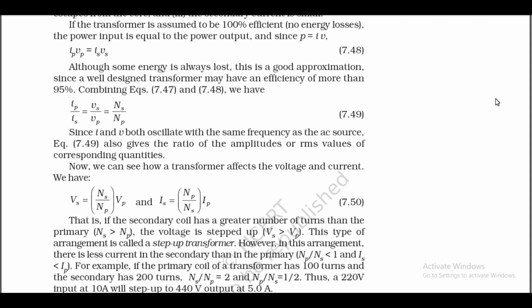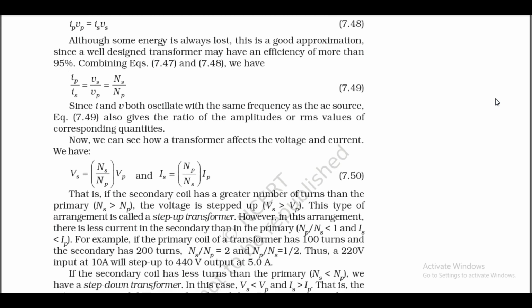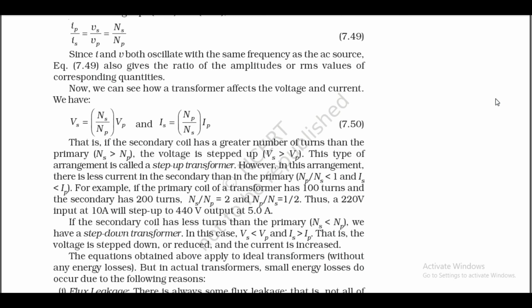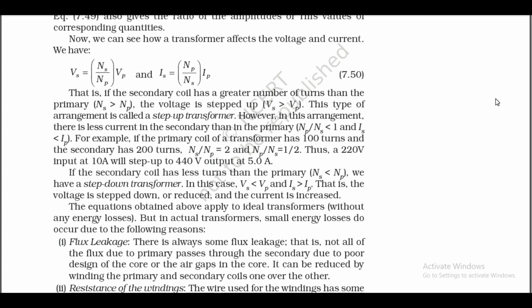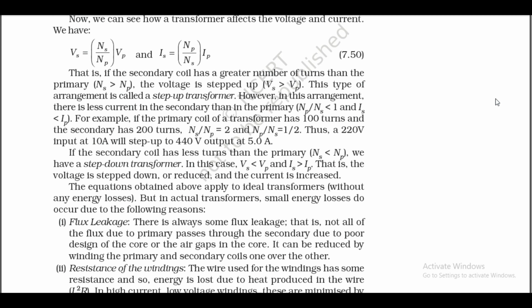Now we can see how a transformer affects the voltage and current. We have Vs is equal to Ns by Np into Vp and Is is equal to Np by Ns into Ip. That is, if the secondary coil has a greater number of turns than the primary, Ns greater than Np, the voltage is stepped up, Vs greater than Vp.